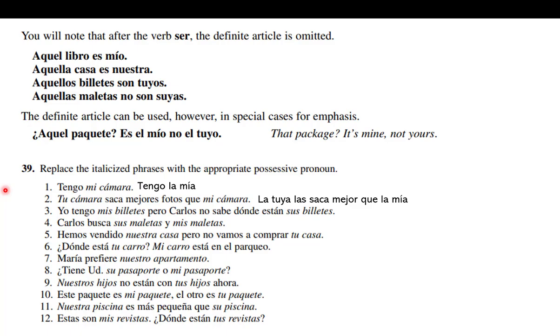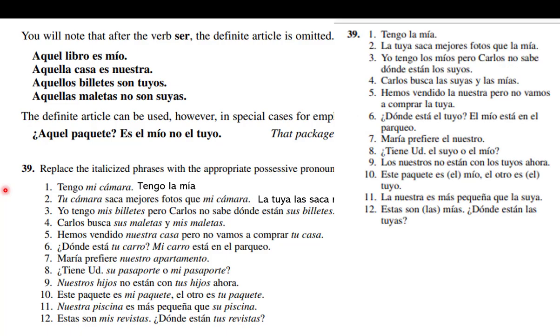Tu cámara saca mejores fotos que la mía could be la tuya saca mejores fotos que la mía. Yo tengo mis billetes, pero Carlos no sabe dónde están sus billetes. Yo tengo los míos, pero Carlos no sabe dónde están los suyos. Carlos busca sus maletas y mis maletas. So Carlos busca las mías y las suyas, o las suyas y las mías.